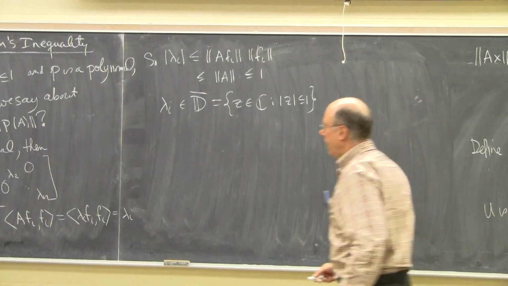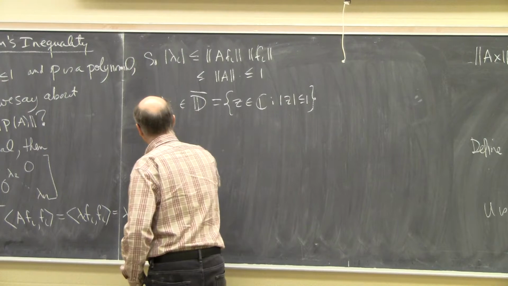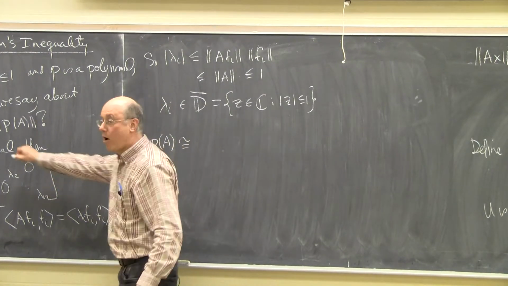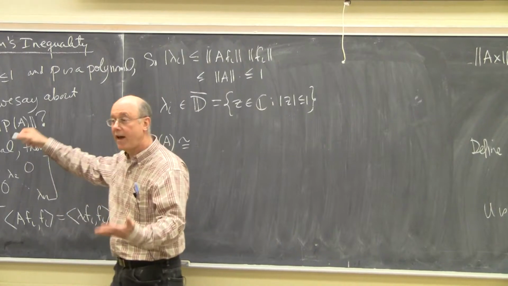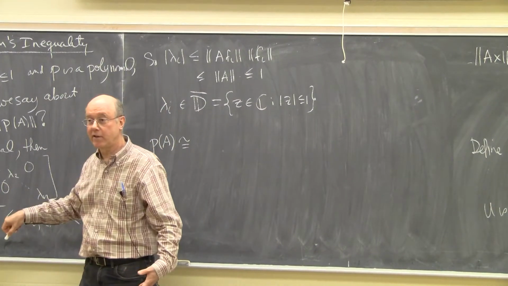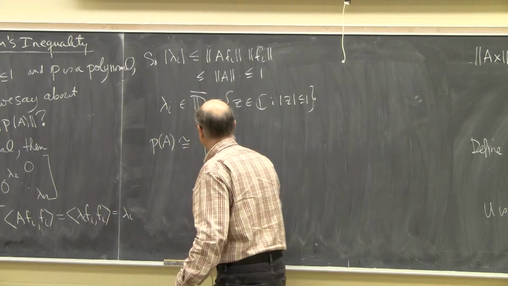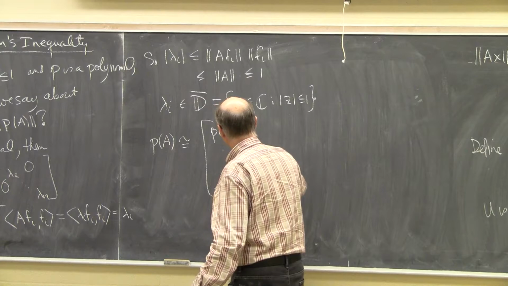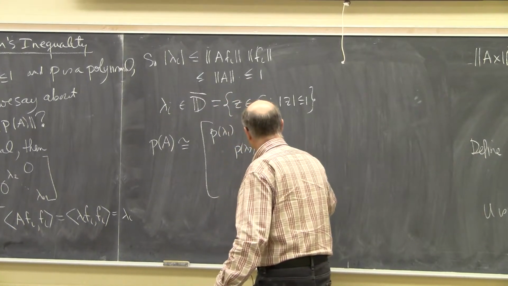Okay, and if I take P of A, it's unitarily equivalent to taking the polynomial here, but when you have a diagonal operator and you take powers of it, you just get the powers of the diagonal entries. So this is P of lambda_1, P of lambda_2, down to P of lambda_n.